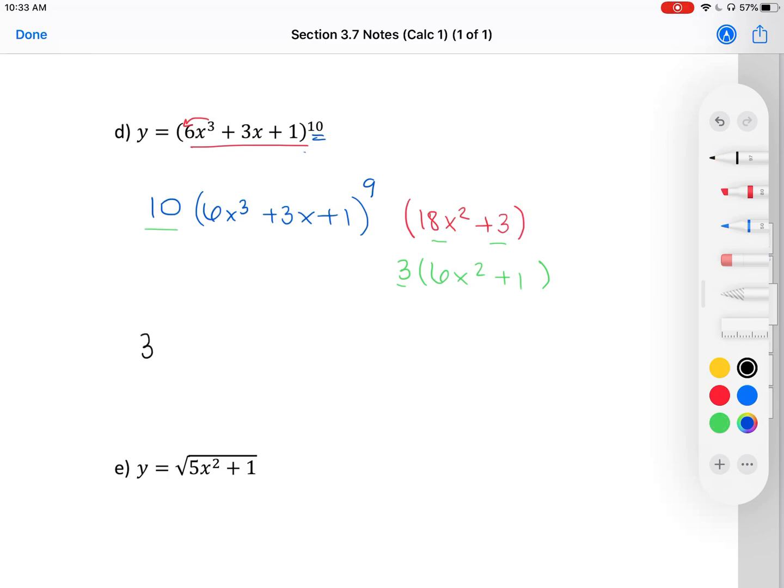So I'm left with 30 (6x cubed plus 3x plus 1) to the 9th power times (6x squared plus 1). And kind of like an unwritten rule in any algebra course, you always want to factor fully. So if there's a constant to factor, you want to make sure you do that.